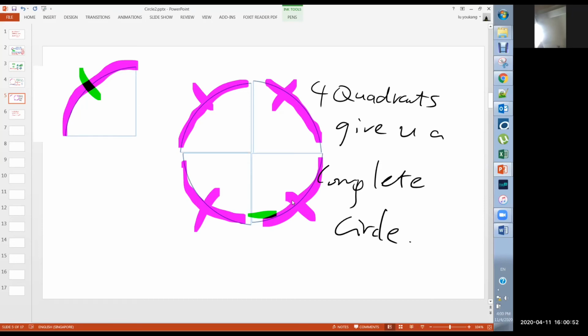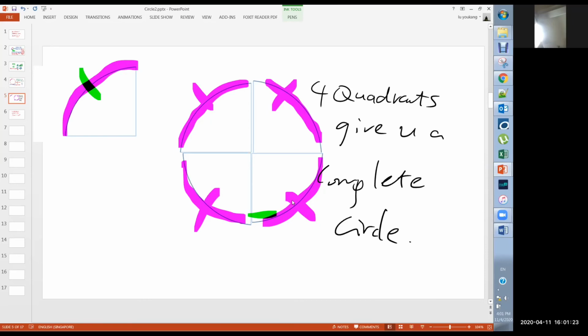So this purple line is also part of the circle, but how much? We just mentioned how much just now. The purple line is not 12. This purple line is how much of a circle? So this line is 1/4 of the circle.